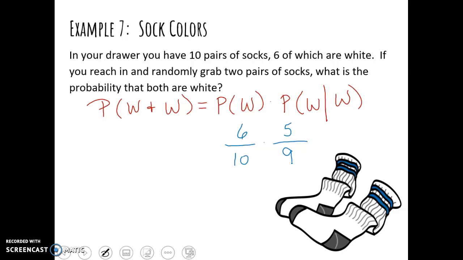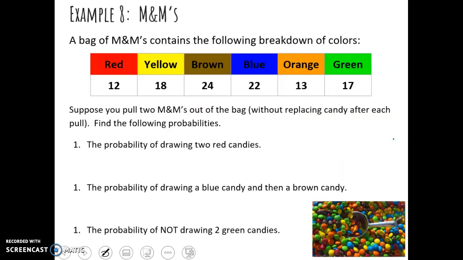So if we have 6 over 10 times 5 over 9, that gives us 0.3333 repeating, which we would round to 0.3333, which is the same as 1/3. All right, another example. Why don't you go ahead and pause the video and try this one as well.